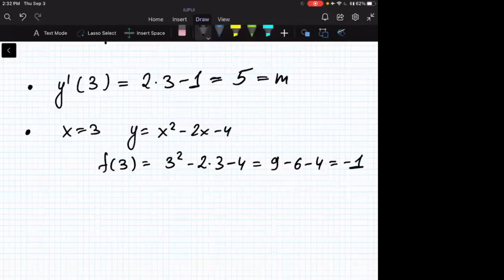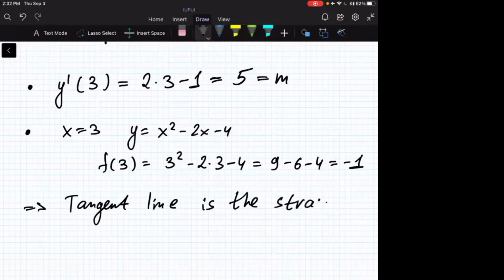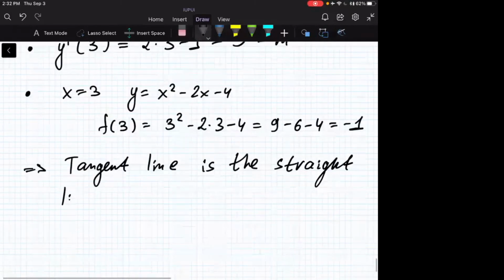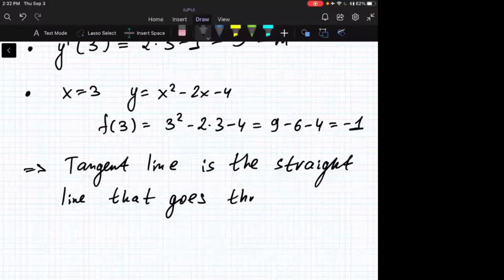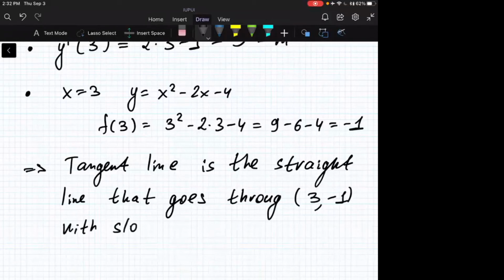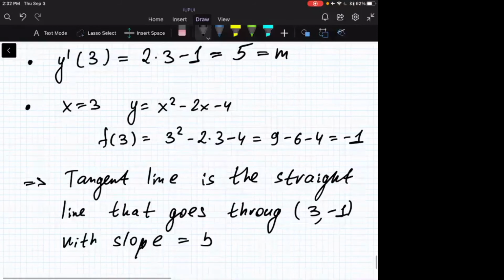And the formula says that the tangent line, so tangent line is a straight line that goes through the point with coordinates (3, -1) with slope that is equal to 5.